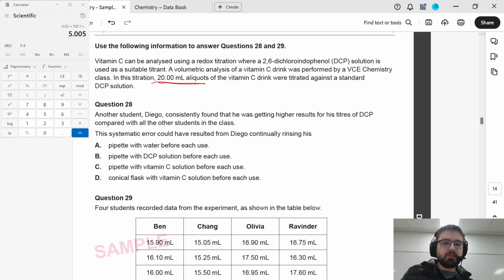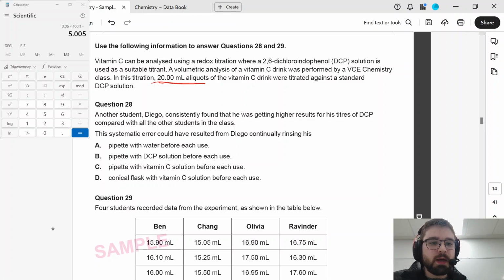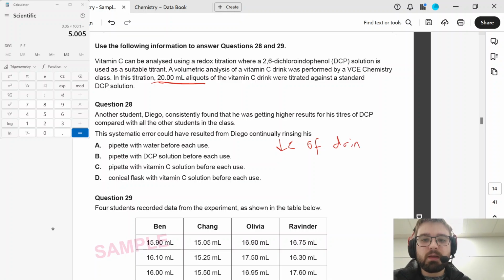Okay, so if Diego is rinsing his pipette with water before each use, that would reduce the concentration of the drink, and that would lead to a lower reading because there's just less stuff in there. So A would lead to a lower value.